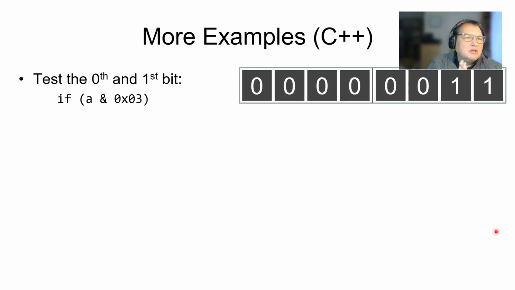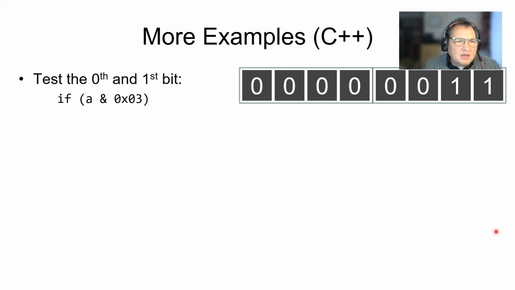So the first example is test the 0th and 1st bit. But the test makes only sense if you use this test inside the if statement. So this is a C++ if statement. If A and 0x03. Why 0x03?